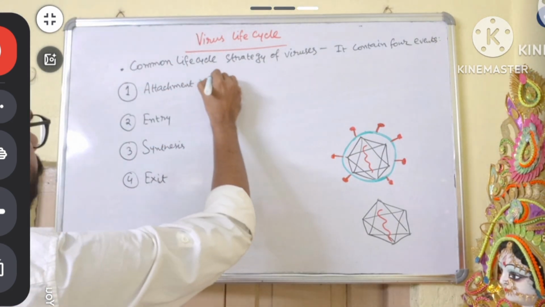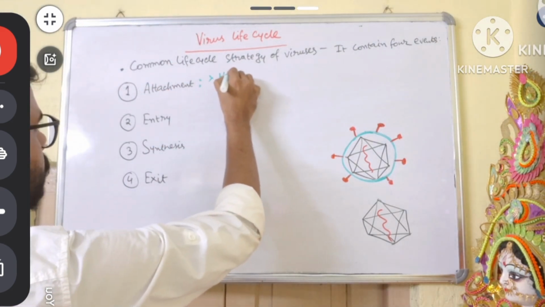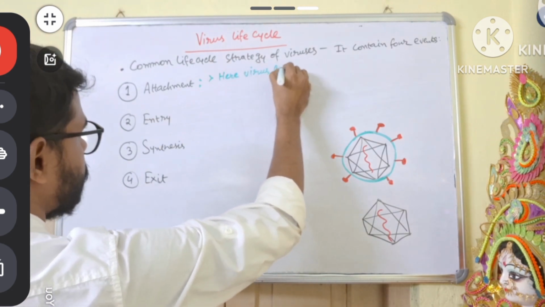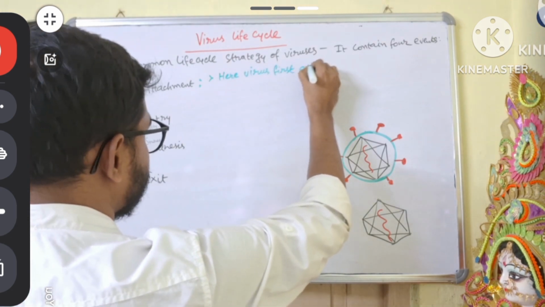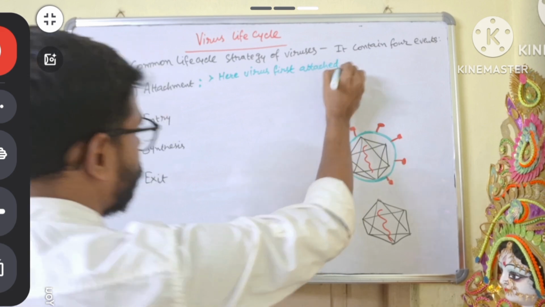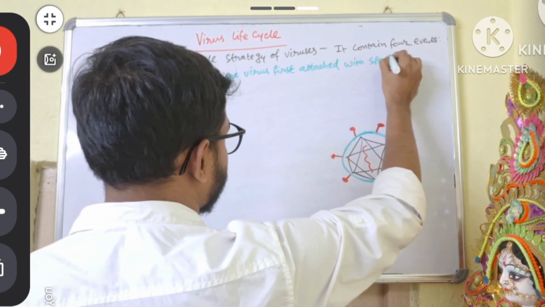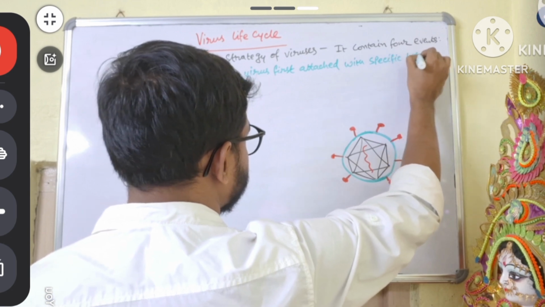So in attachment, the virus first attaches with a specific host cell.